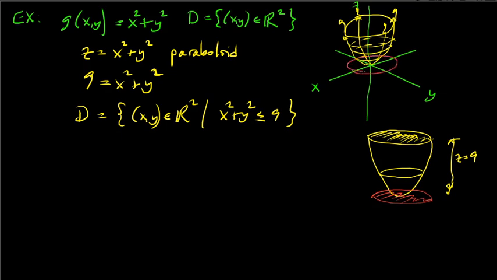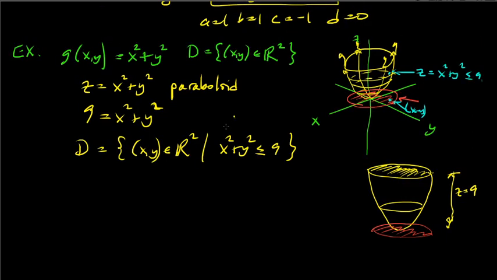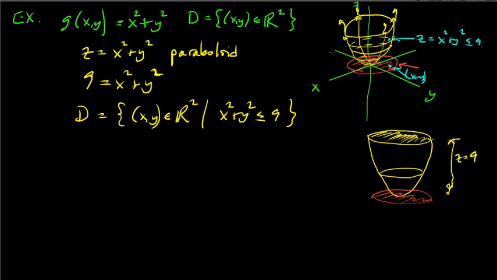So something like that. So as long as x and y is one of these points here, then the z will be less than or equal to 9, let's say. Make sense? Okay, so yes, you can always restrict the domain further.